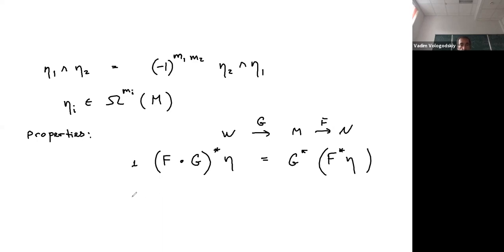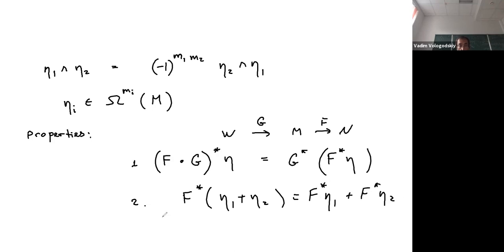Secondly, this pullback operation is additive. And lastly, it takes product to product. So F star of eta 1 wedge eta 2 is F star eta 1 wedge F star eta 2.